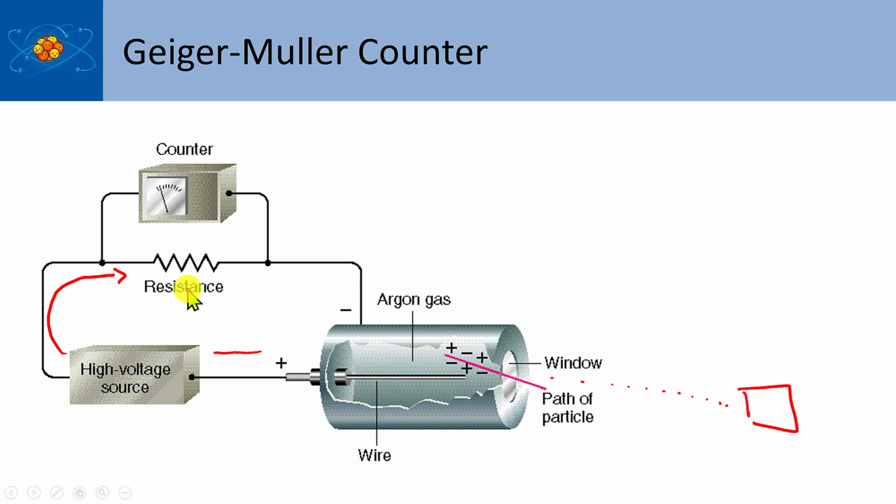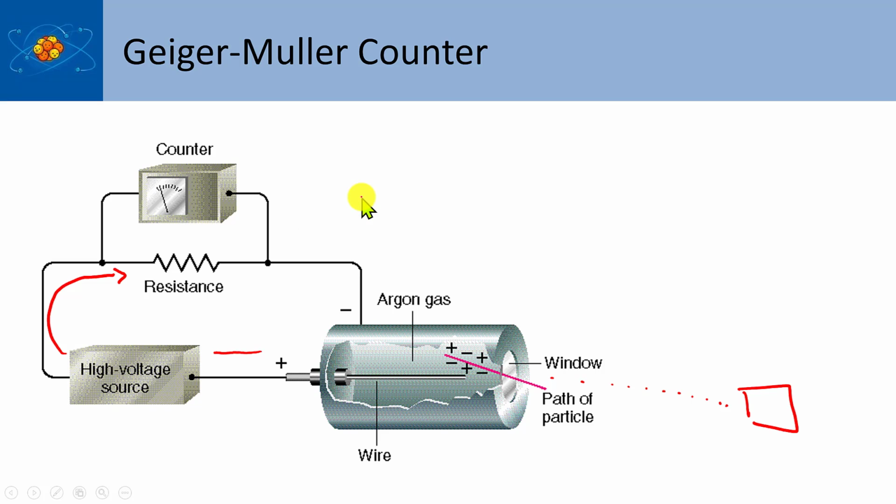Now, in the old school Geiger counters, this was actually hooked up to a circuit that was connected to a speaker, and when the electrons suddenly started moving from the ionized radiation, it would create a voltage in the speaker that would cause it to click. So every click that you heard was the detection of a bit of radioactive decay.